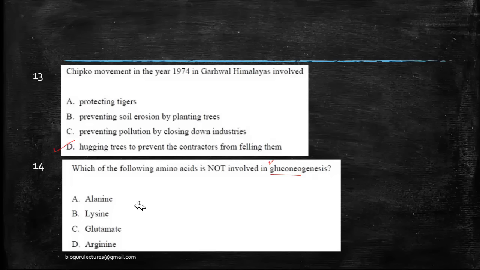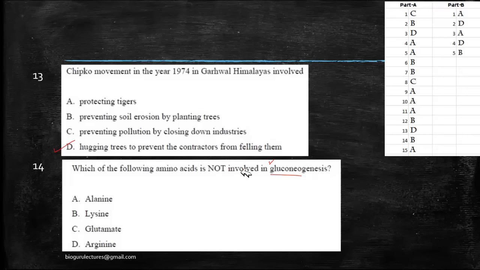Most of the amino acids will be involved in producing glucose or similar compounds, but some will be absent here. These don't include lysine and leucine. Both of these are not involved in gluconeogenesis, whereas nearly all the other 18 amino acids are involved in producing carbohydrate forms.